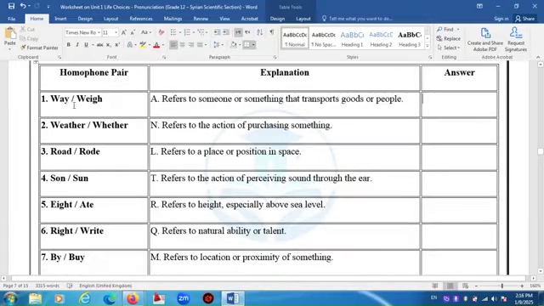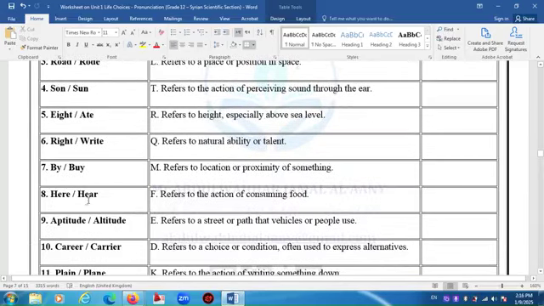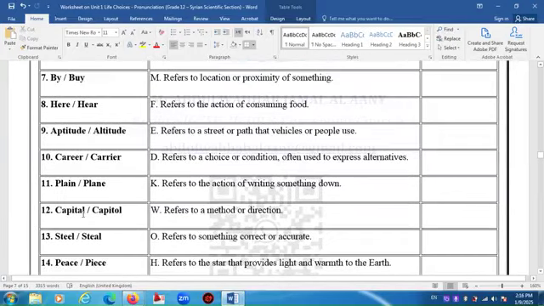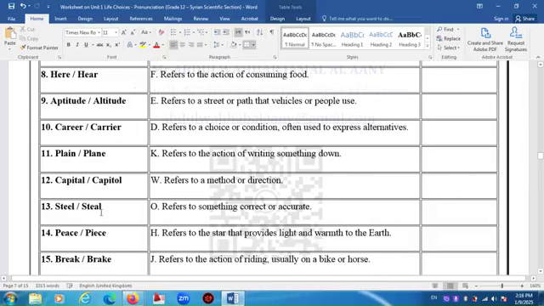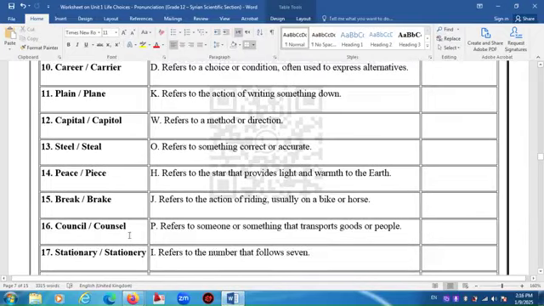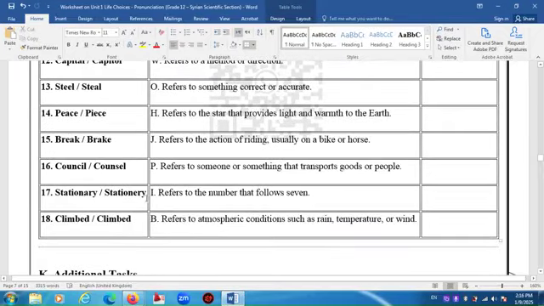The homophone pairs: weigh and way, weather and whether, road and rode, sun and son, eight and ate, right and write, buy and by, here and hear, aptitude and altitude, career and carrier, plane and plain, capital and capitol, steel and steal, peace and piece, break and brake, council and counsel, stationary and stationery, climbed and climb.